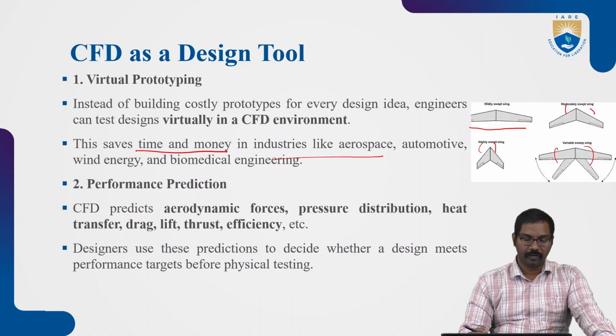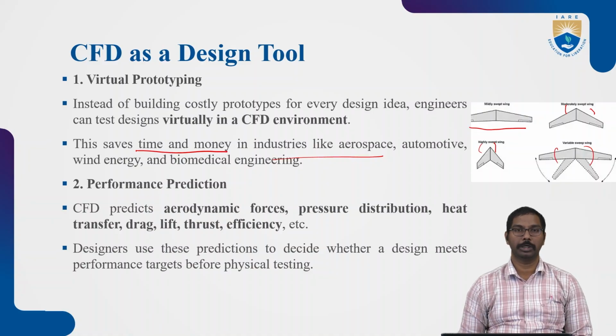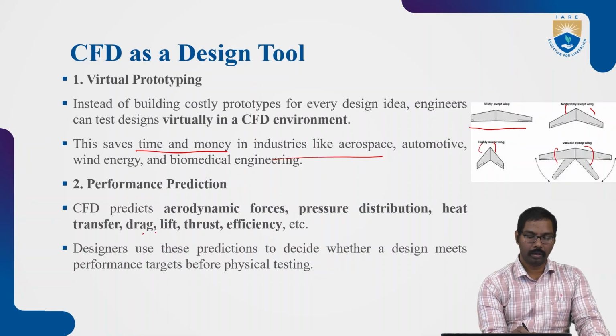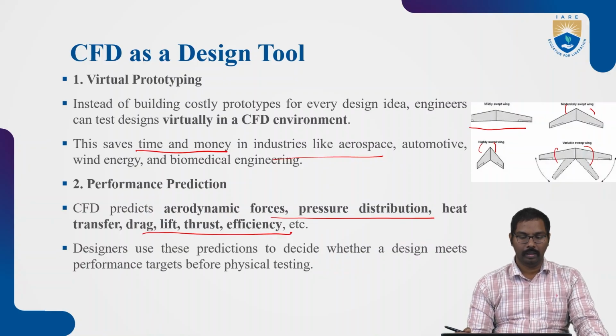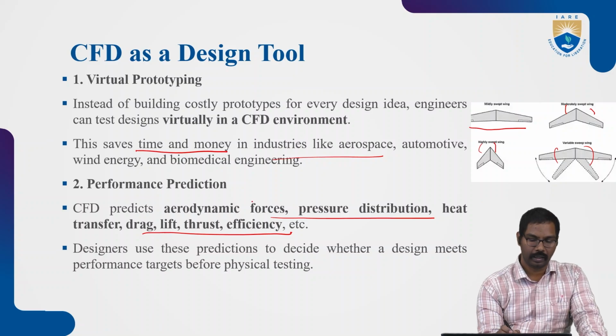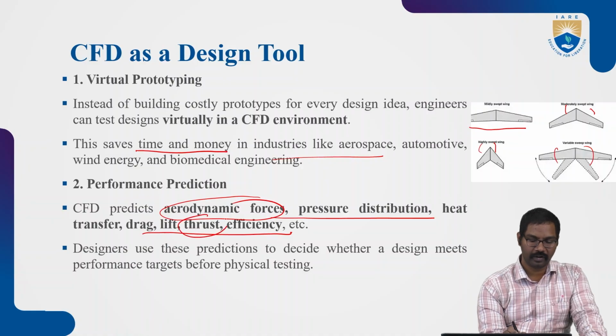So similarly, the performance prediction. CFD predicts the aerodynamic forces, pressure distribution, heat transfer, lift, drag, thrust, efficiency. So all these parameters can be obtained by using the CFD. According to the component, if it is a wing, we have to calculate the aerodynamic forces. If it is a nozzle, we have to calculate the thrust.